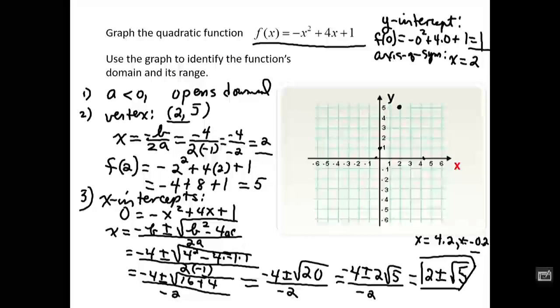To obtain the graph, we merely connect the points. So we have the graph of the function f of x is equal to negative x squared plus 4x plus 1.